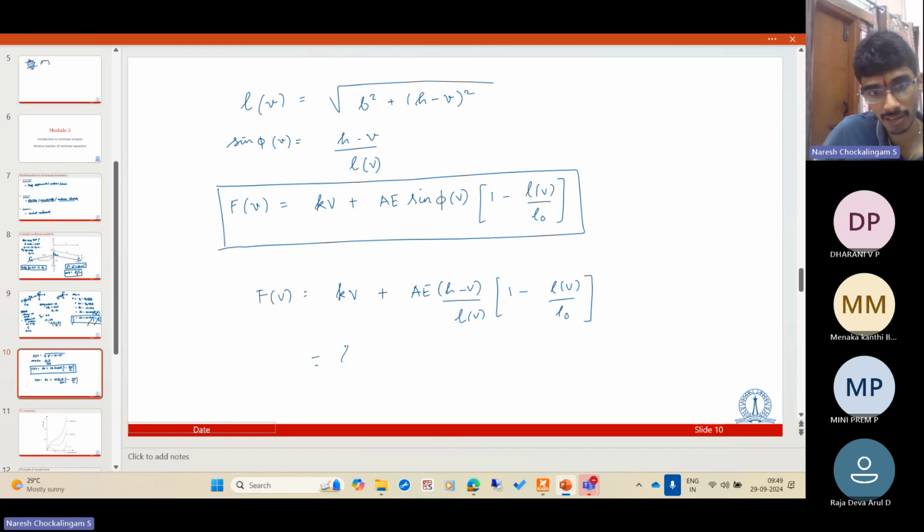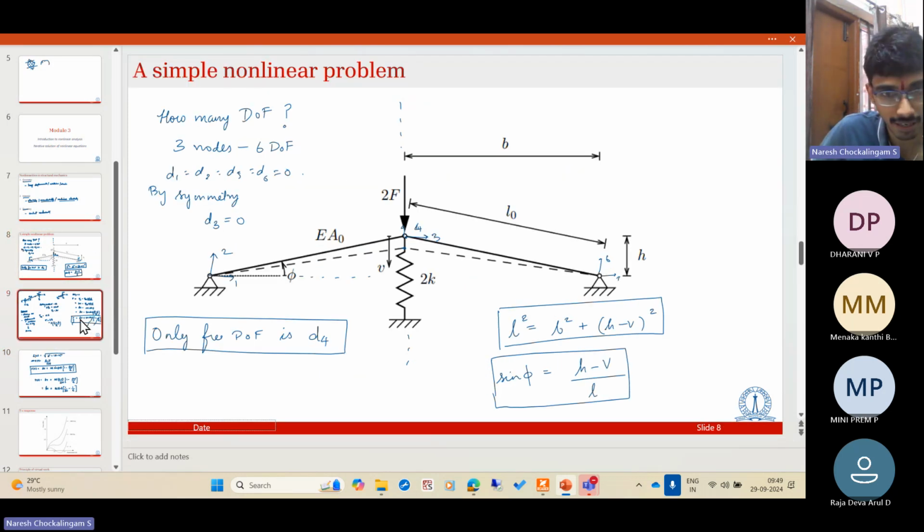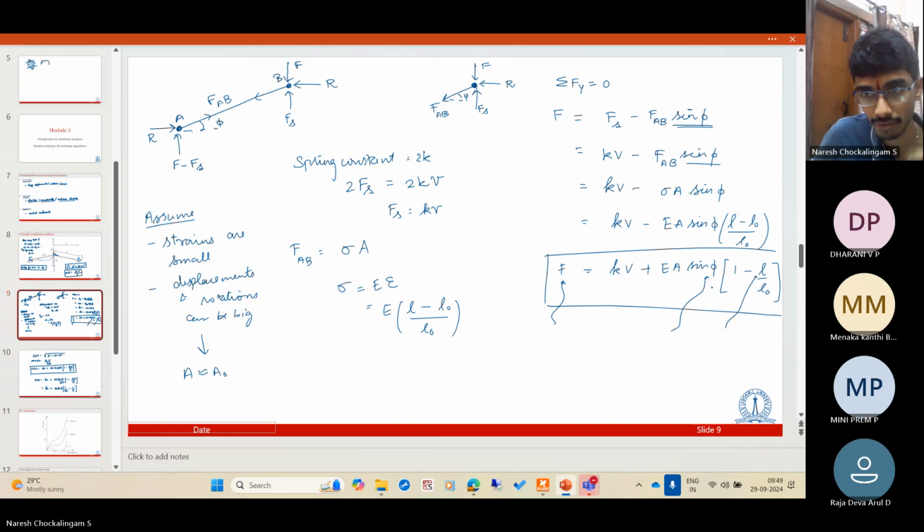You can simplify this further as KV plus AE H minus V into 1 by L of V minus 1 by L naught. Is that okay? Something is not correct. I'll just check. We don't have a divided by L. That's the issue.